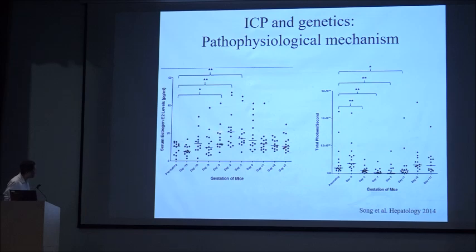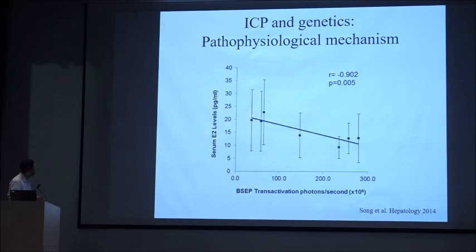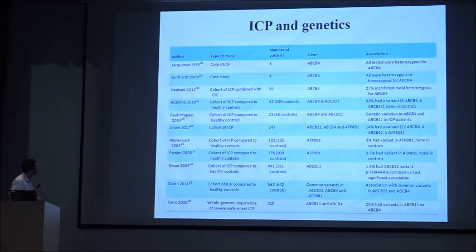At the same time, as estradiol is rising, the amount of BSEP activity is going down towards the end of pregnancy, and comes back immediately after delivery. So, this study showed clearly that as the estradiol level goes up, the BSEP function goes down, and there is an inverse correlation between them.